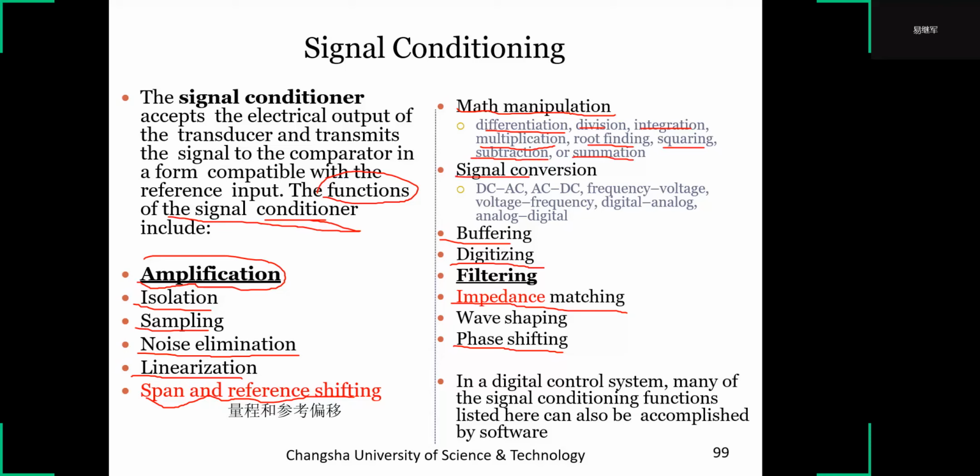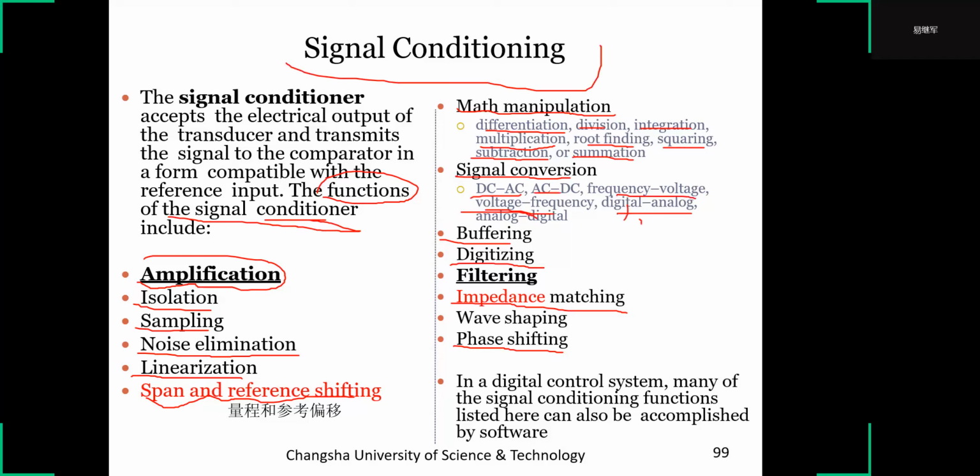The signal conversion includes DC to AC conversion, AC to DC conversion, frequency to voltage, voltage to frequency, digital to analog, and analog to digital. This covers DA and AD conversion.